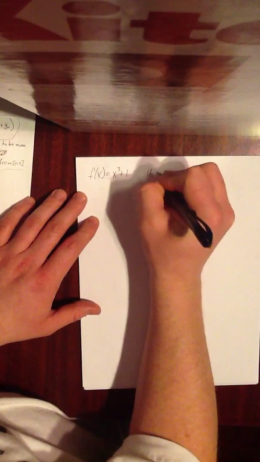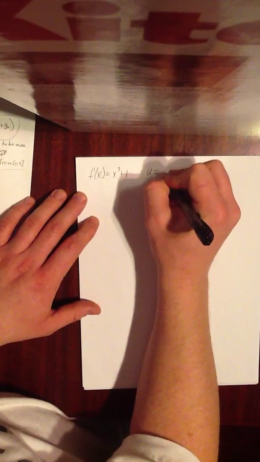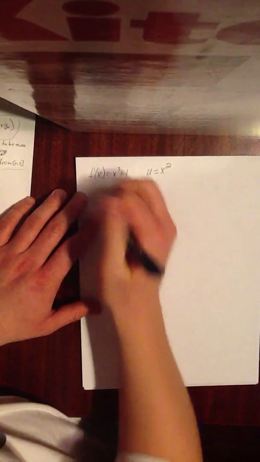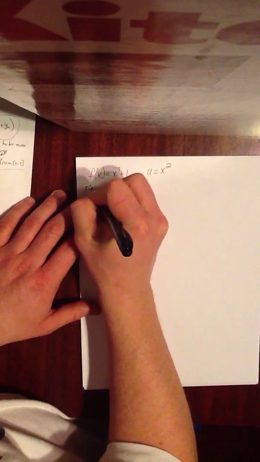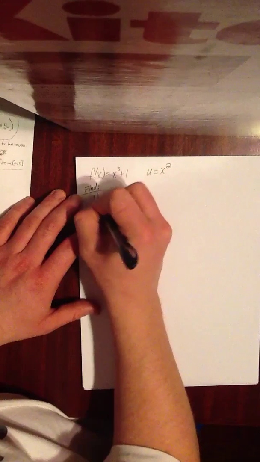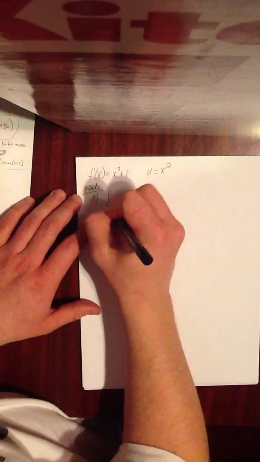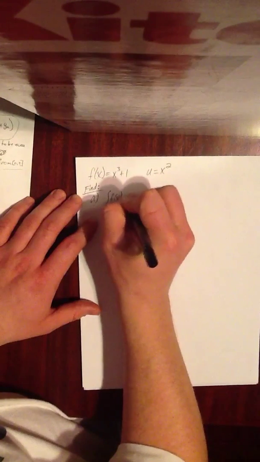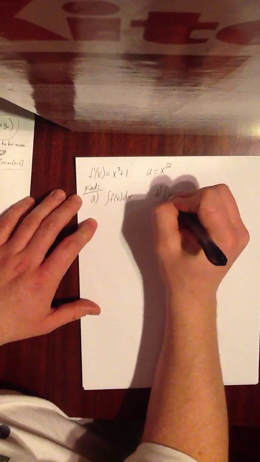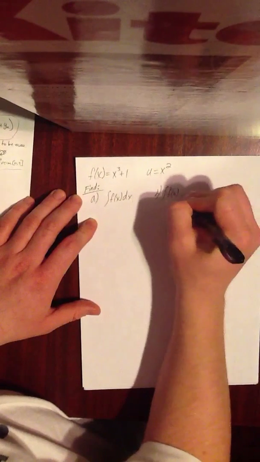We'll let u equal x squared. These are just given. And here's what we're going to find. A is the integral of f of x dx. B is the integral of f of u du.